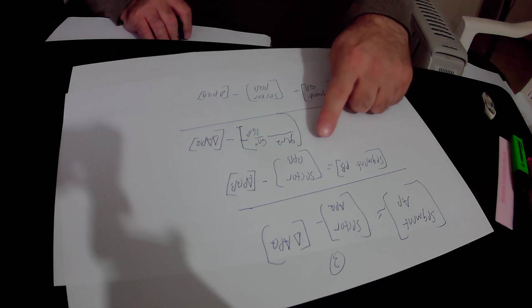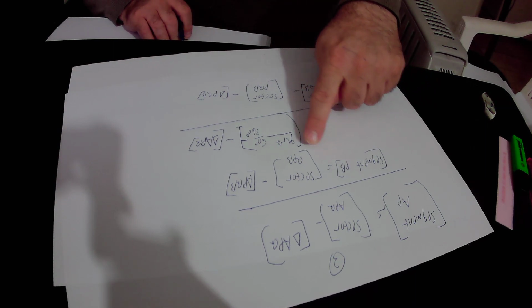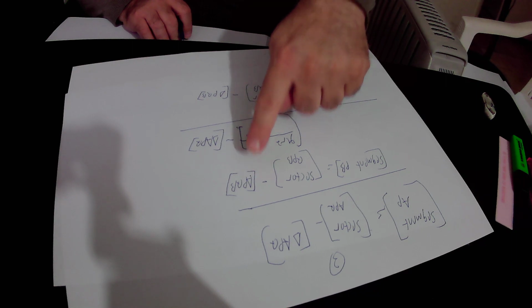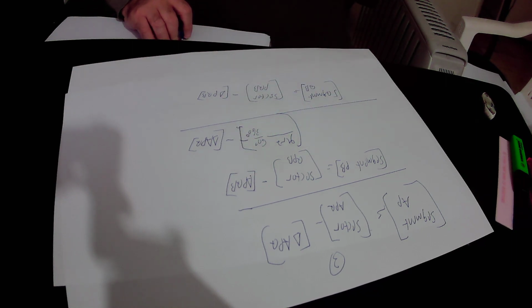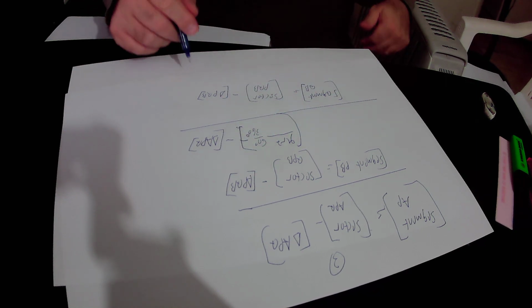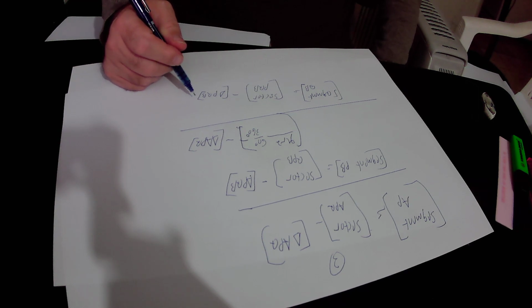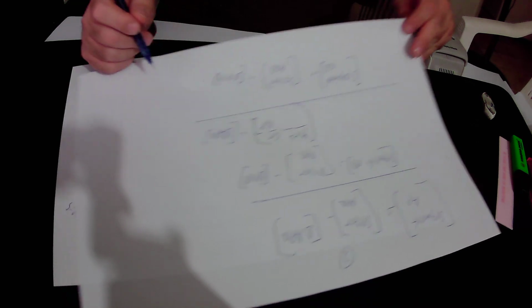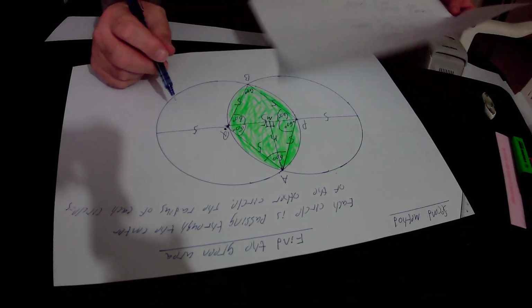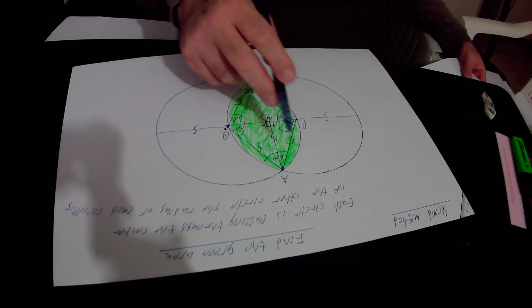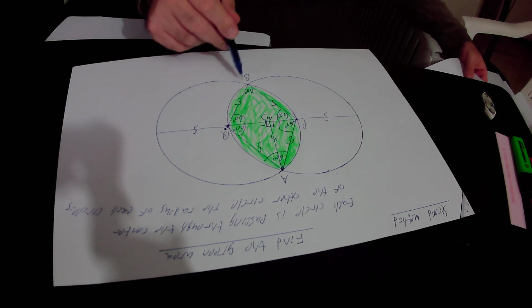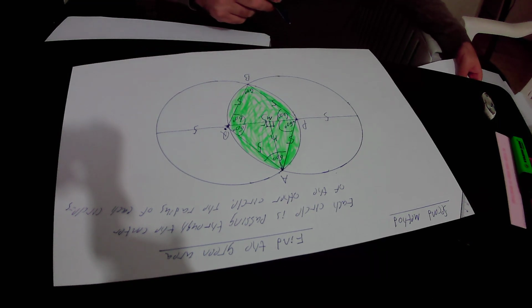That is actually sector QPB minus the area of triangle PQB. So, in conclusion, we found out that the areas of the four segments AQ, AP, PB, and QB are equal.